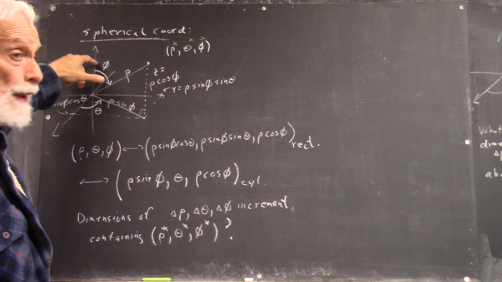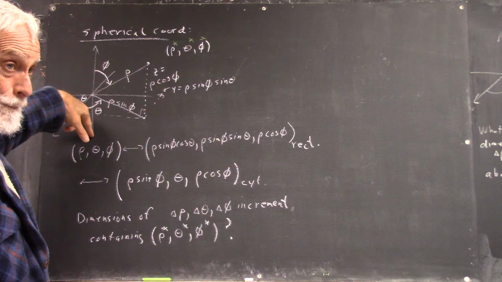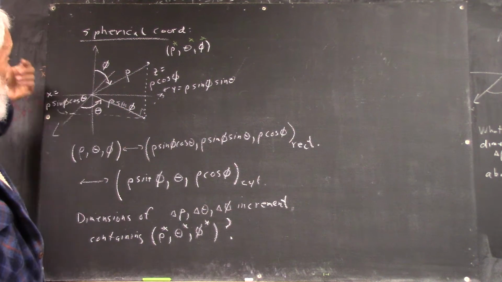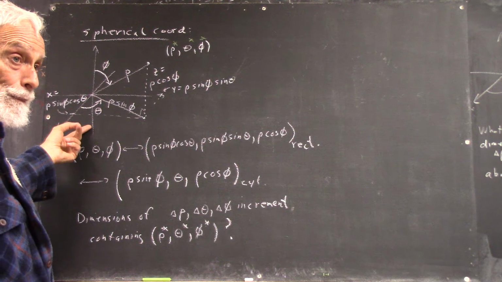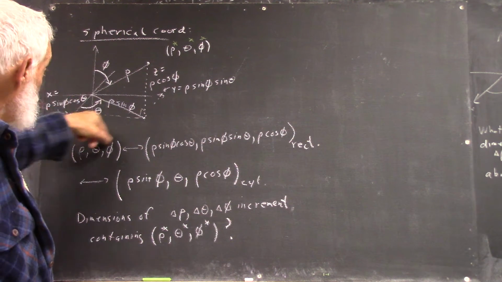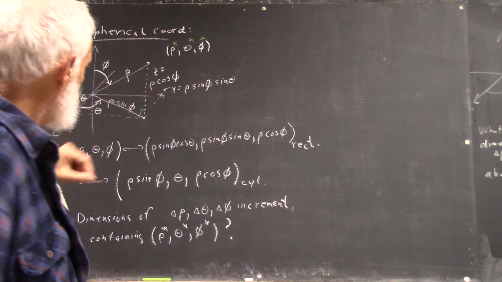Another thing about phi is it just goes from 0 to pi. If you want a point over here on this side, you can still get it with a phi between 0 and pi. Phi doesn't wrap around, because then you'd have ambiguous results. And you can think about that.